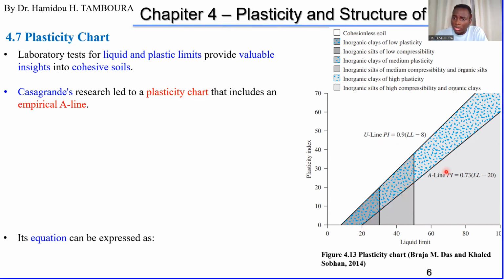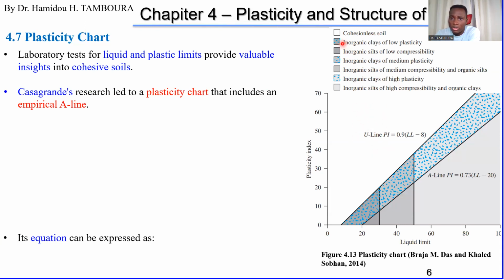If you have liquid limit and the plasticity index, you can determine, for example, what type of soil you have. Now this area is cohesionless soil, soil that doesn't have cohesion, like sand or gravel.